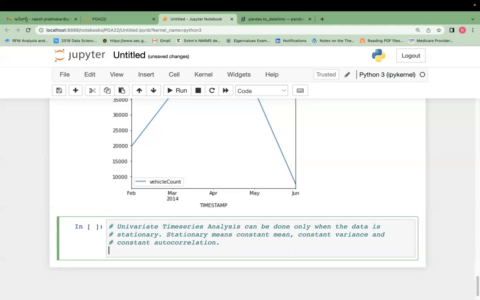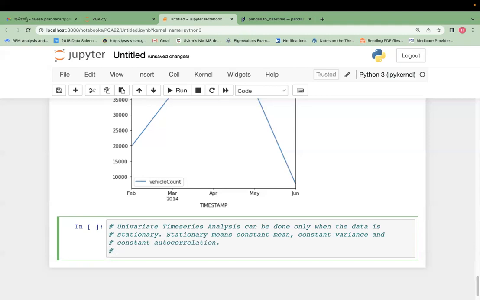So stationarity of the data is the primary assumption of univariate time series analysis. The data must be in stationary format for doing any univariate time series analysis.